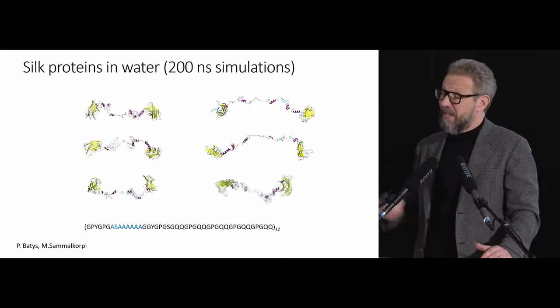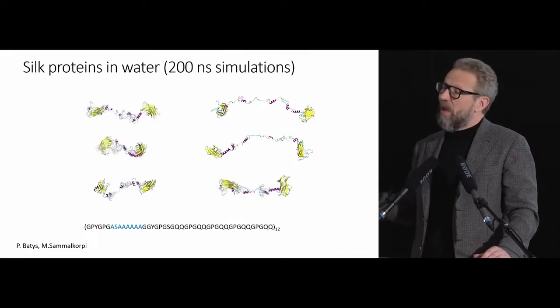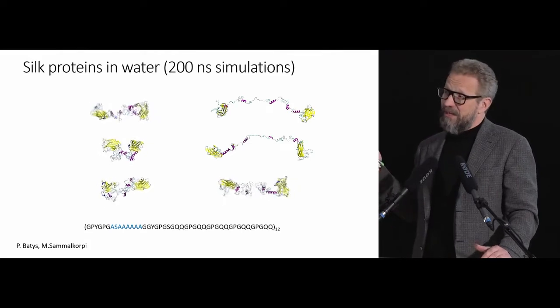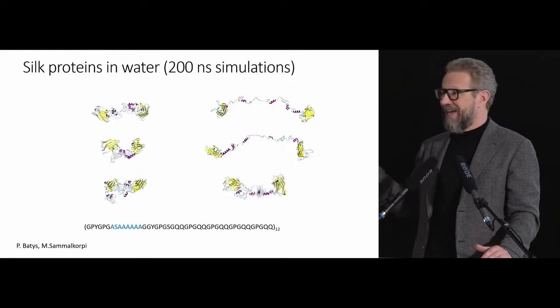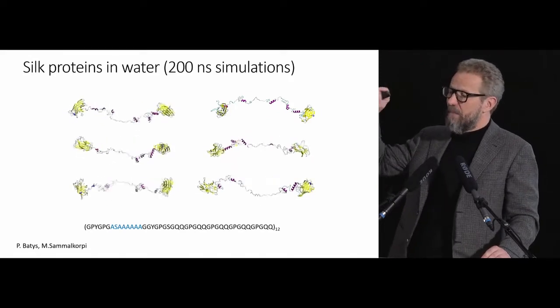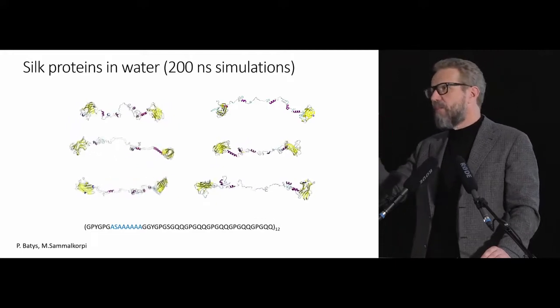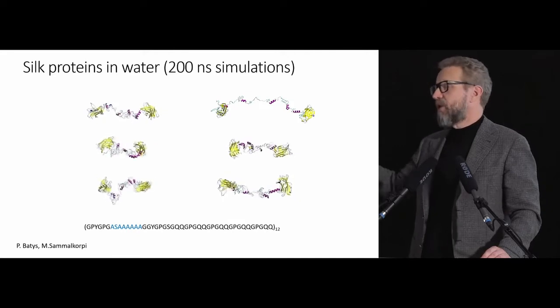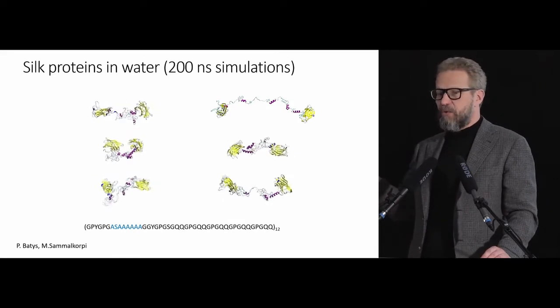And here is the sequence below. It actually is a repetitive structure consisting of 12 of these types of units. What I've shown there in blue is a stretch of alanines. And alanine is an amino acid that just has a single methyl group, so it's a hydrophobic amino acid. And this contains this kind of repetitive structure, and that's typical for intrinsically disordered proteins.